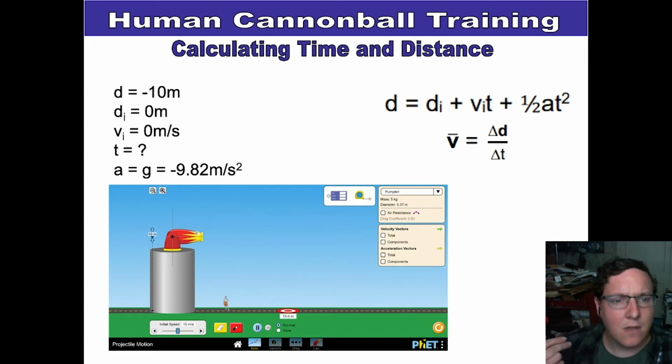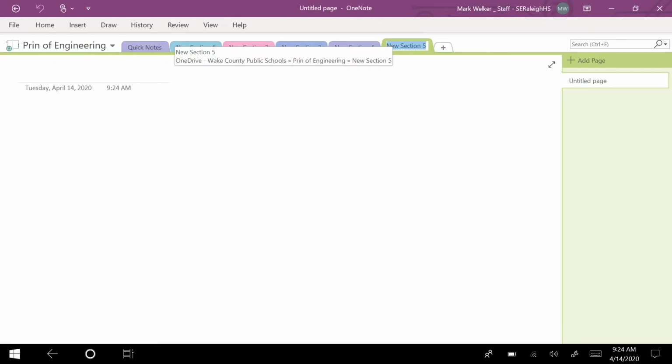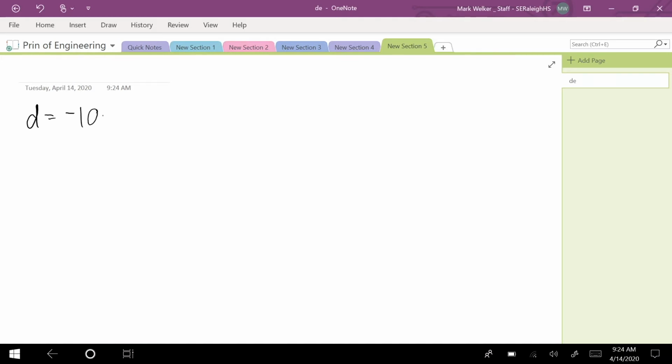What we don't know in this equation is time, but we do know acceleration. We're going to consider our acceleration the same as the acceleration due to gravity, which is negative, keep those signs under control, 9.82 meters per second squared. So in terms of what we know, that final distance is negative 10 meters.